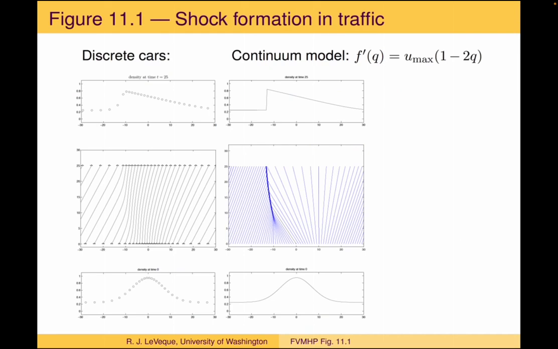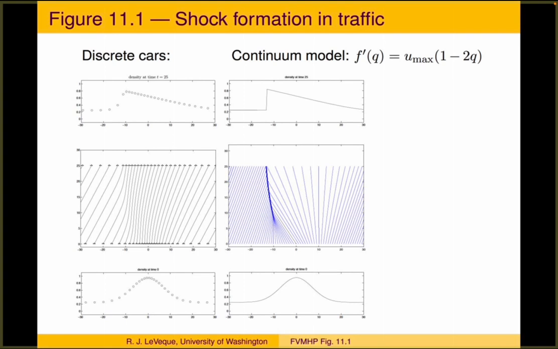So here's a picture of shock formation, going back to the traffic equations, in the case where we have some cars that are forming a traffic jam. And so we've started at the bottom here with some discrete set of cars, and the figures on the left sort of show discrete cars and how they might propagate.